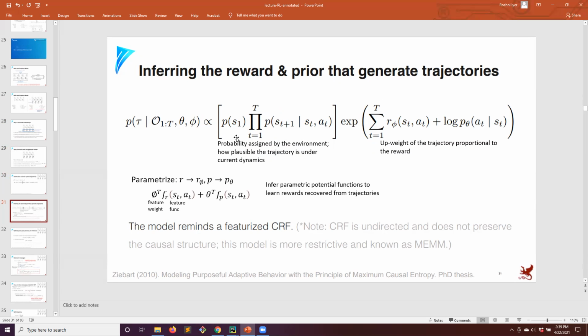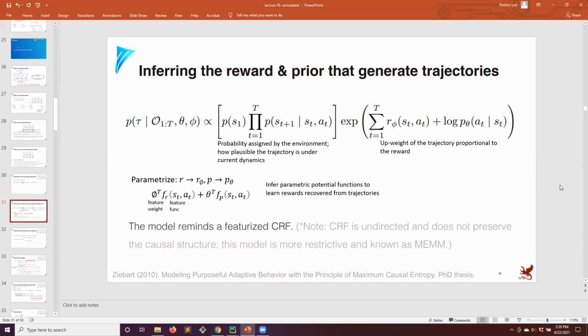This part is the probability assigned by the environment, and it's how plausible this current trajectory is under the current dynamics. So these are the transition dynamics of the environment, and this is the state that we start at. Because we have this reward function term, we can interpret this as upweighting the trajectory proportional to the reward.